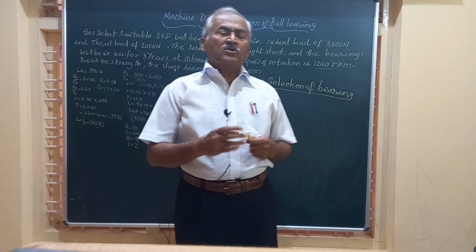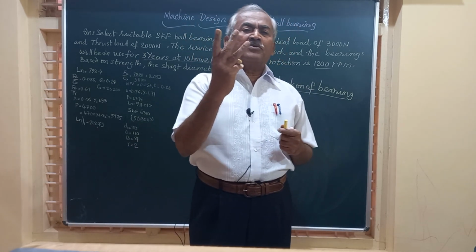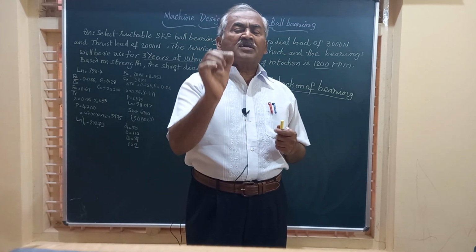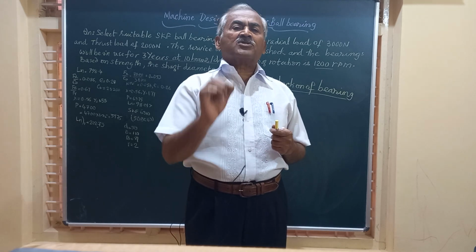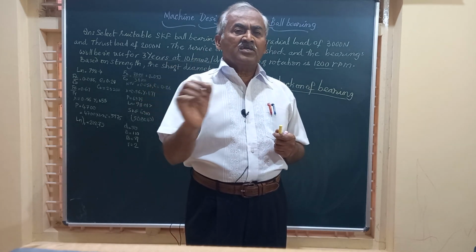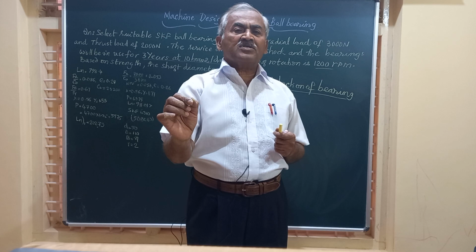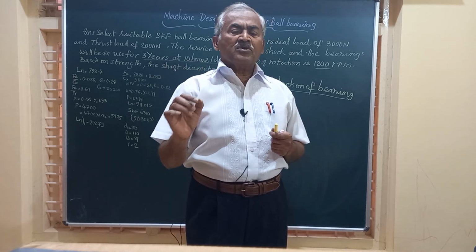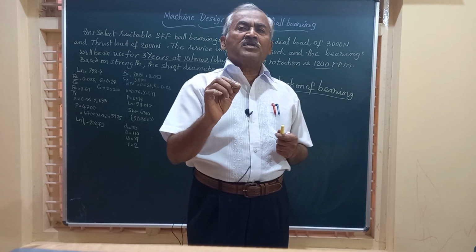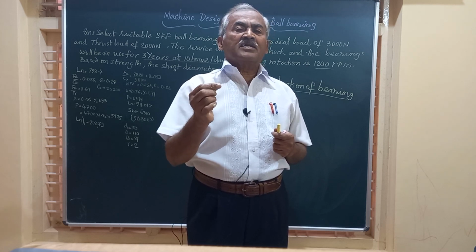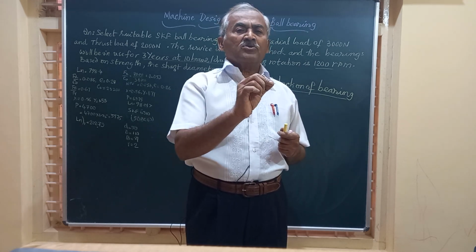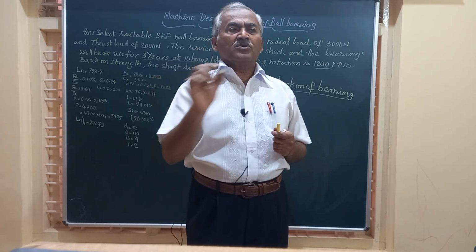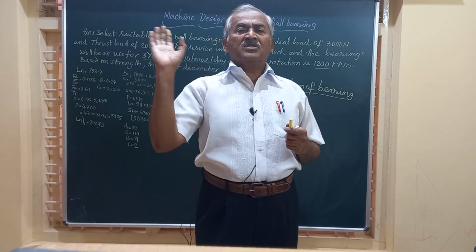Here friends, we have 3 types of bearings. One is called the light series, that is the 02 series. Second is the medium series, that is designated by 03. And the third one is the heavy series, that is 04. So 02, 03, 04: light, medium and heavy series.